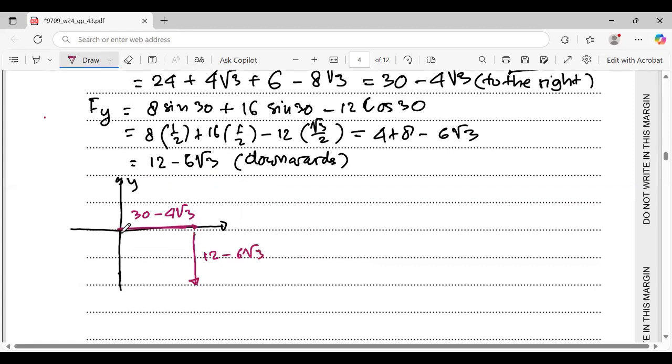So we are going to find the total F, the resultant F, using the Pythagoras rule: 30 minus 4 square root 3 squared plus 12 minus 6 square root 3 squared.